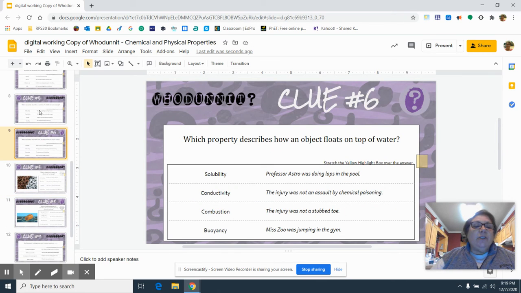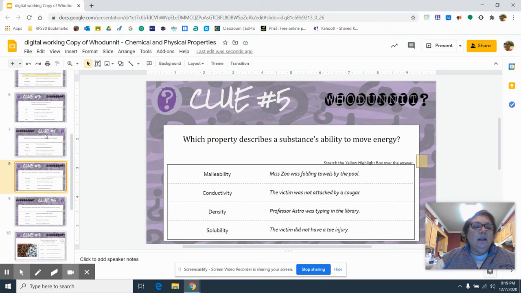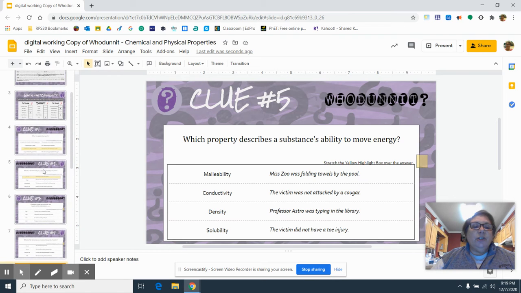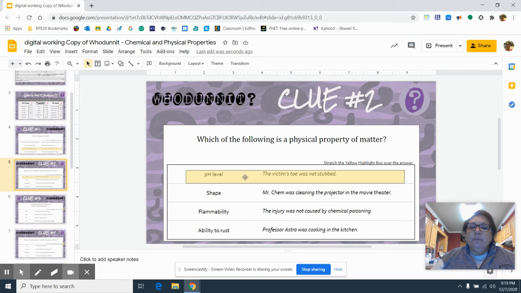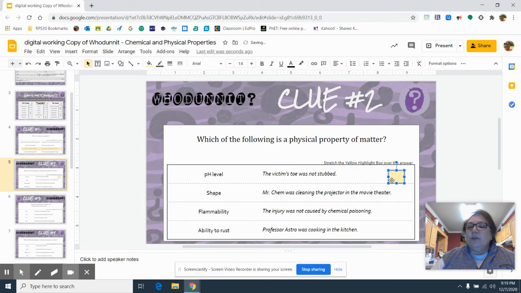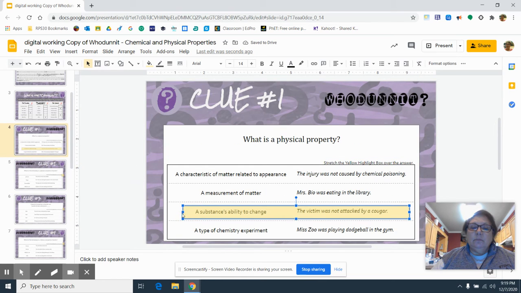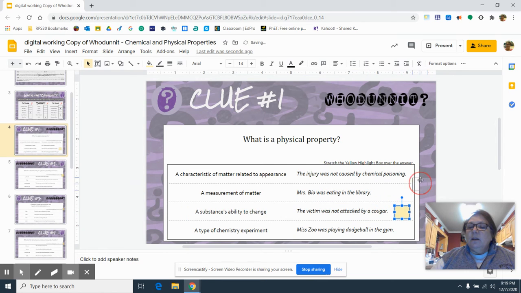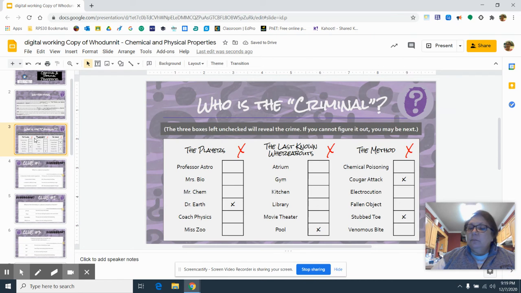This is why I want you guys to use your notes. We took pretty detailed notes yesterday on what is a physical and chemical property.